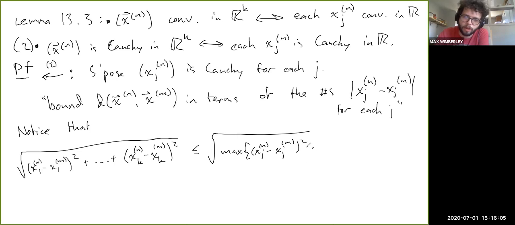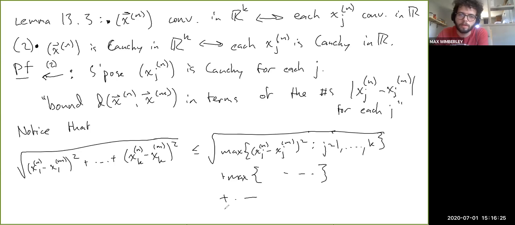So the maximum over the j's, j equals 1 up to k. If you maximize this number over j and then just replace each of these by that, it's the same thing.